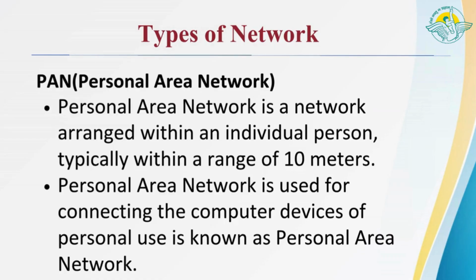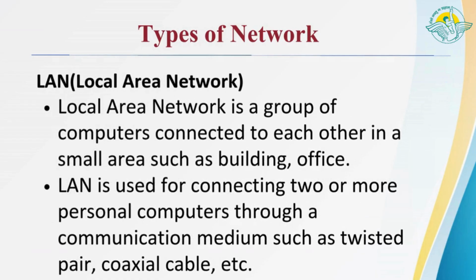Then it is called the personal area network. In this network, we connect the devices for sharing information, data, or sometimes hardware also. That means if you have a printer at your home, you can connect all the devices with that printer and you can take the printouts. So when we connect the devices for our personal use, it is called personal area network.